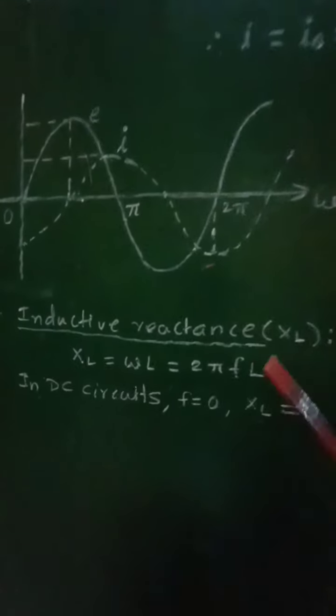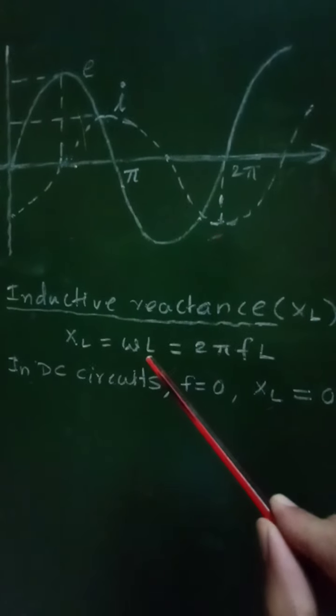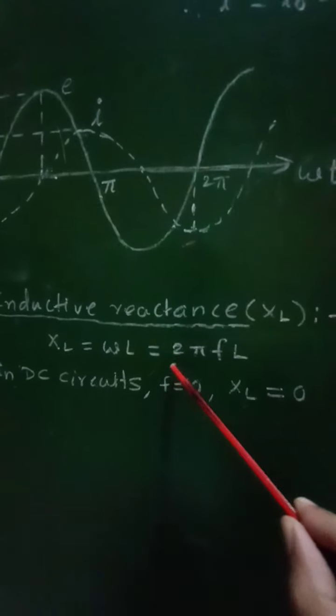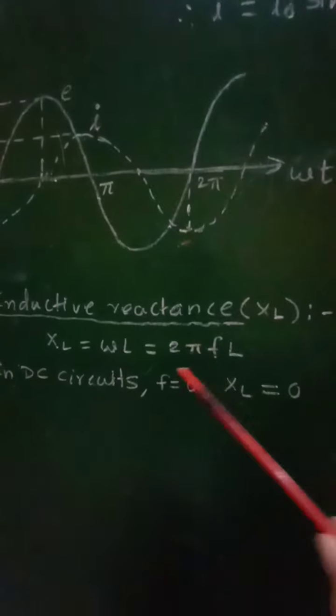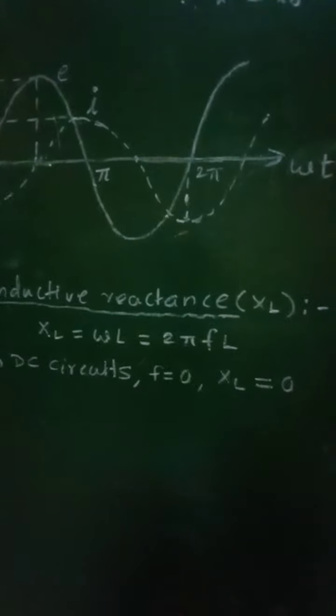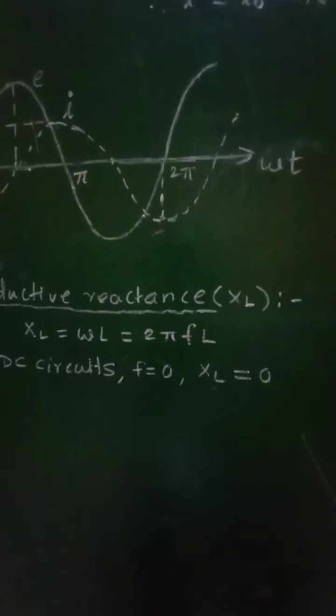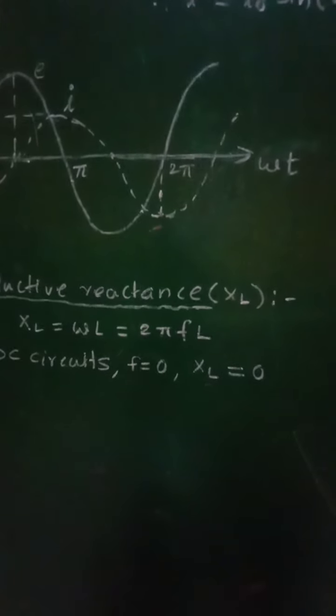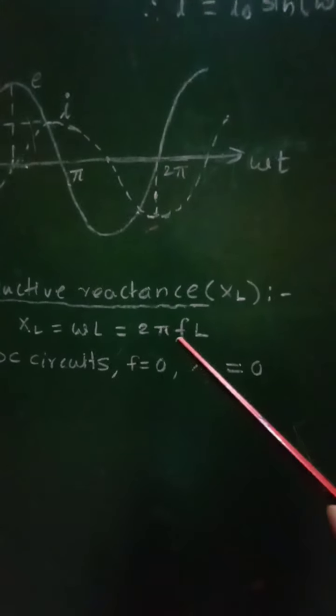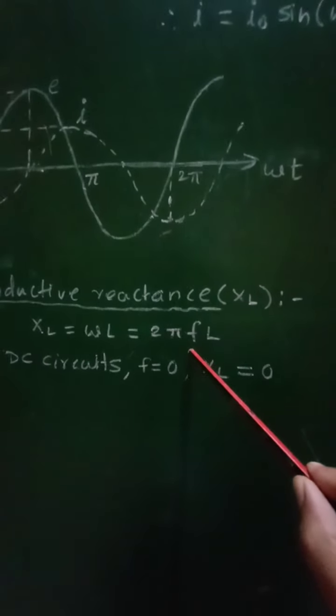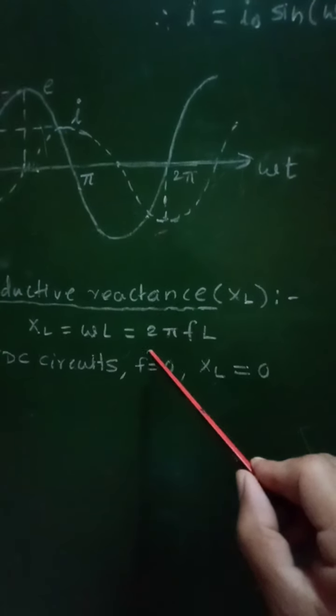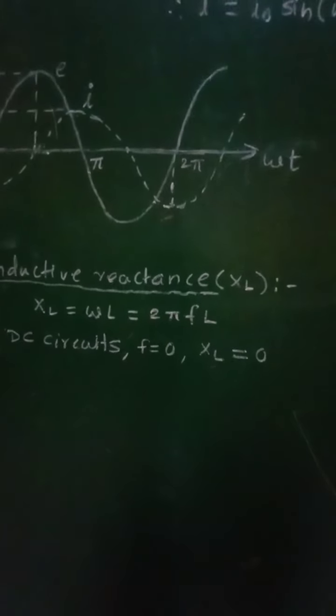So omega L is equal to XL, and therefore we can write XL is equal to omega L, which is equal to 2 pi F L, since omega is equal to 2 pi F, where F is the frequency of the AC source.